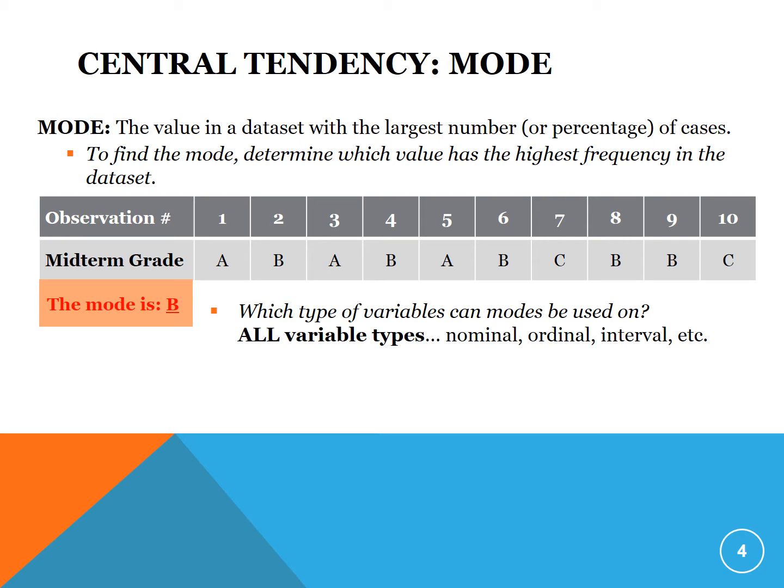Well, we have 5 B's, which is more than the A's. All right, so that's winning so far. And then C's, we have 1, 2. So that's the least number of values. So our mode here is B, because that's the value that we see most frequently, has the highest number of cases in this data set. Okay?